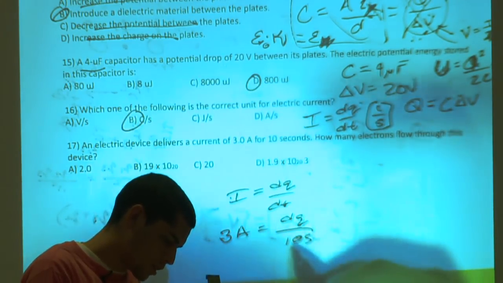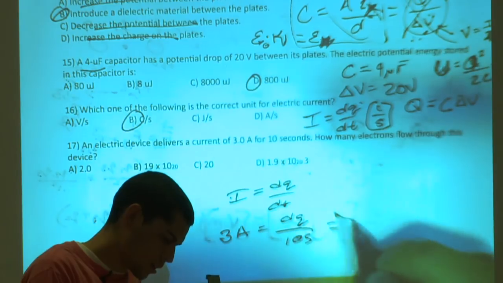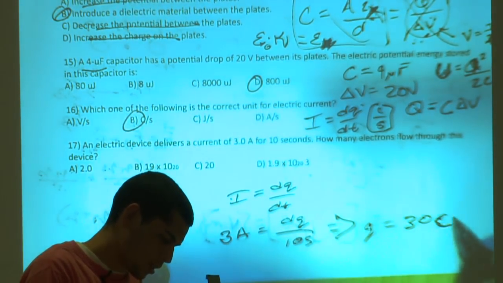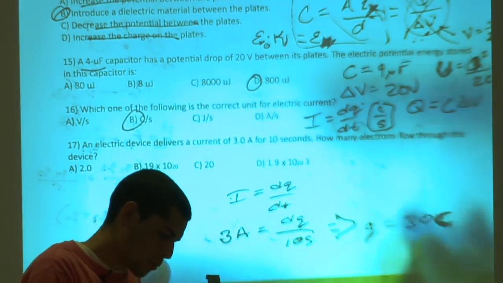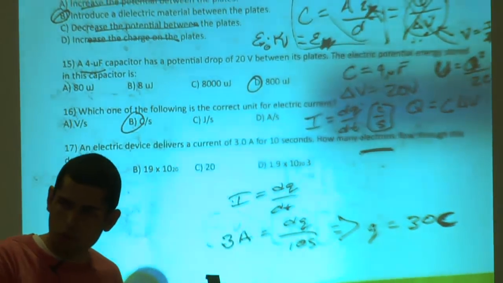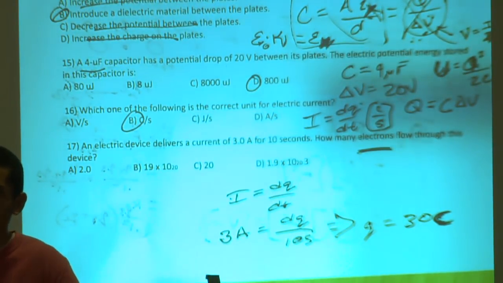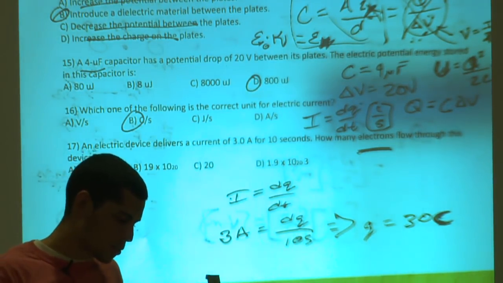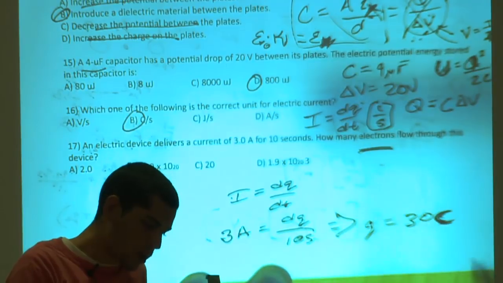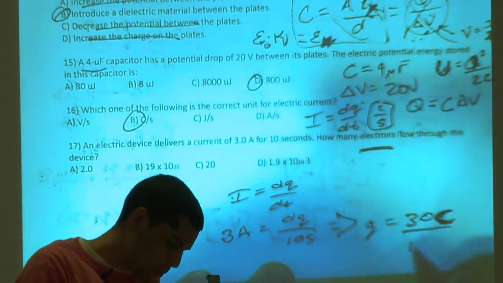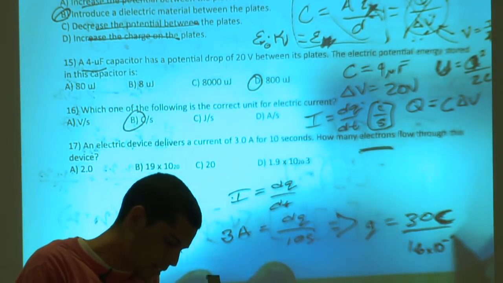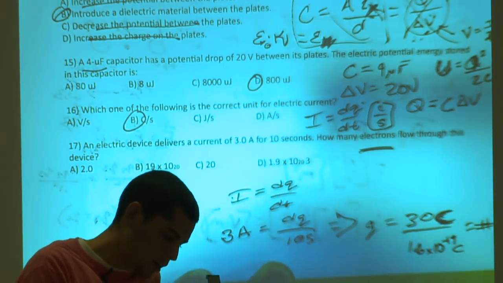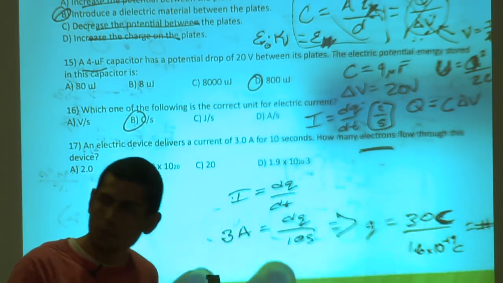We can multiply it over, and we get Q equals 30 coulombs. But we want to know how many electrons flow. So how do we convert coulombs into electrons? Awesome. So we'll divide by the elementary charge. If 1 electron is 1.6 times 10 to the negative 19 coulombs, we'll get our number of electrons.